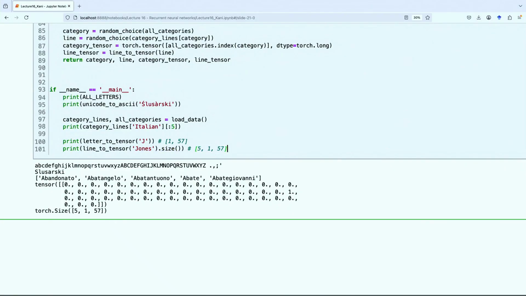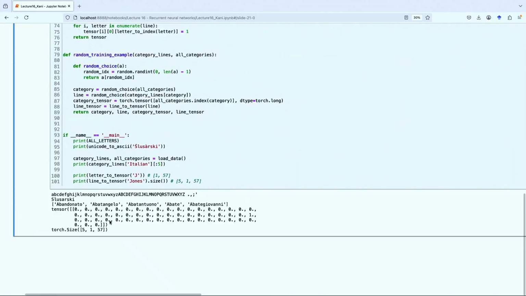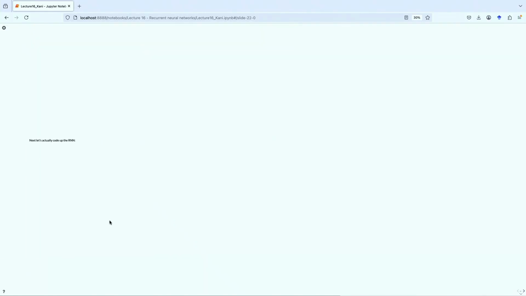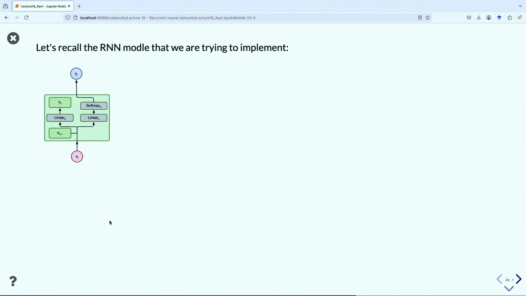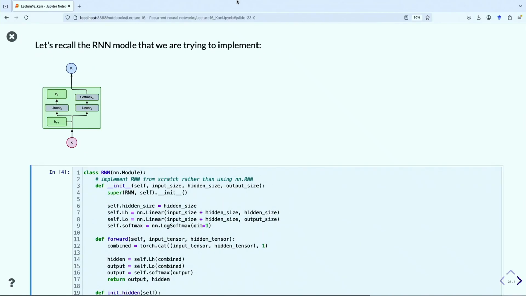So, doing all that, now that we could process the data, we could actually look at the code. We could actually code up the RNN. So we import our libraries, and we simply recall the RNN model that we're trying to implement: input and hidden layer go to linear layers, softmax output, and we write that in PyTorch.